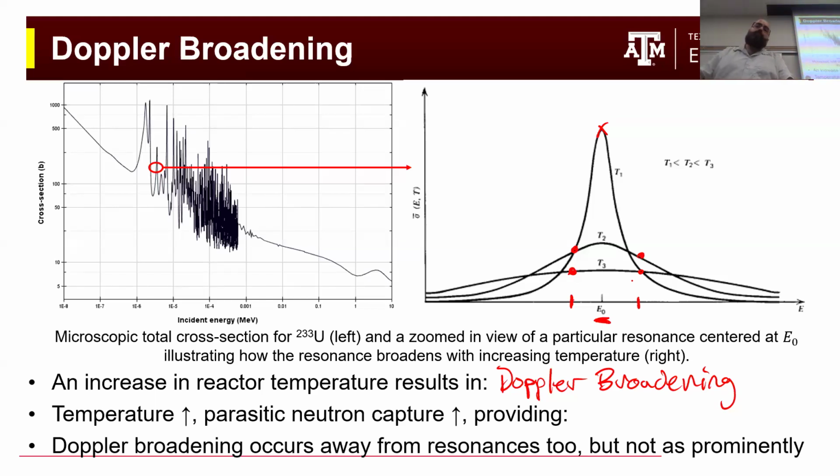And so basically what it ends up meaning is that this broadening of the resonances means reactions are more likely, and in that intermediate energy range, the reactions that happen are capture reactions. So as the temperature increases, these cross sections broaden, and it makes absorption, like parasitic capture of the neutron, more likely.